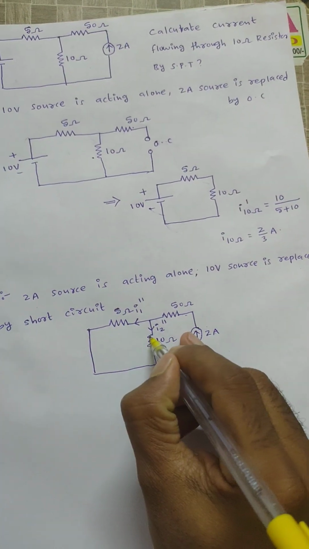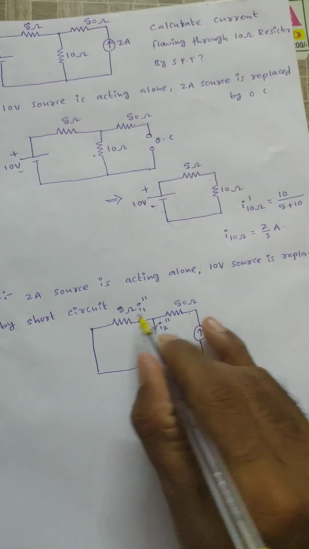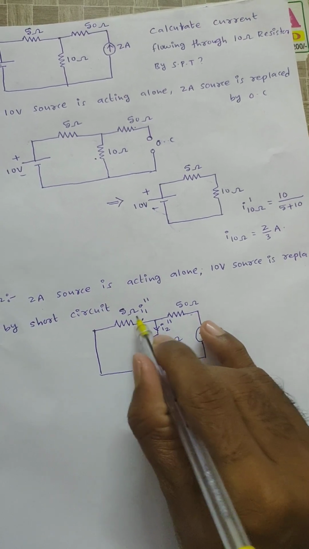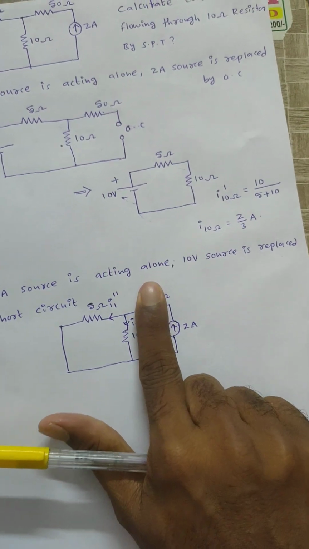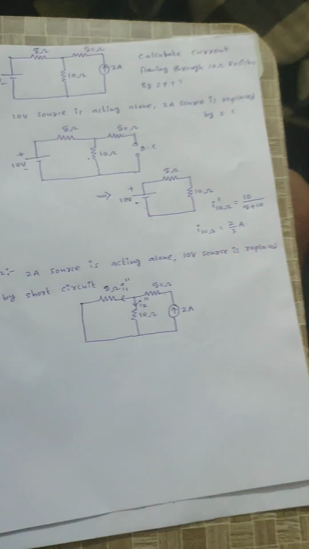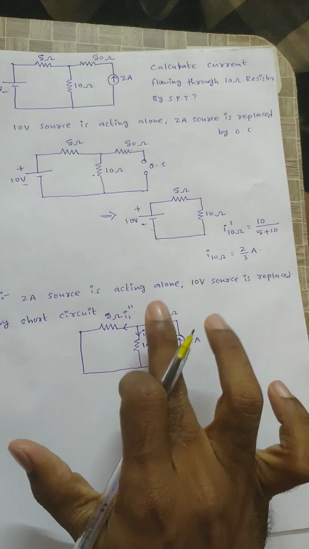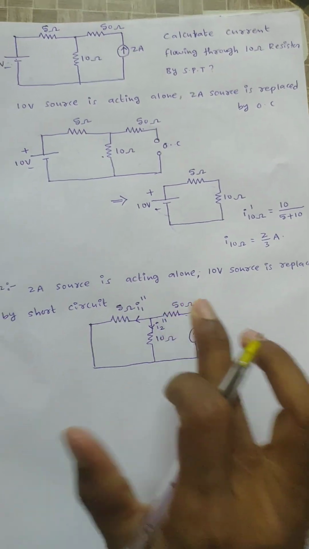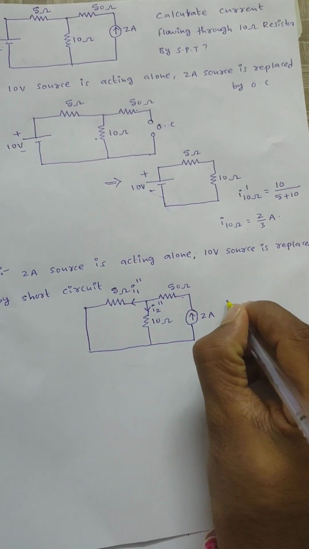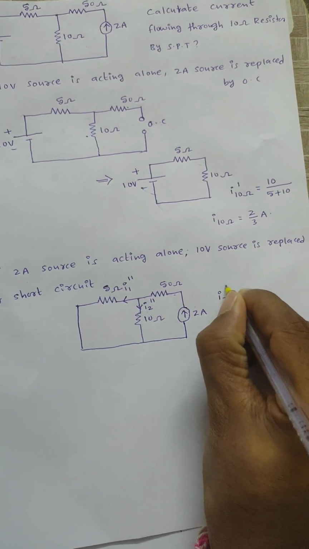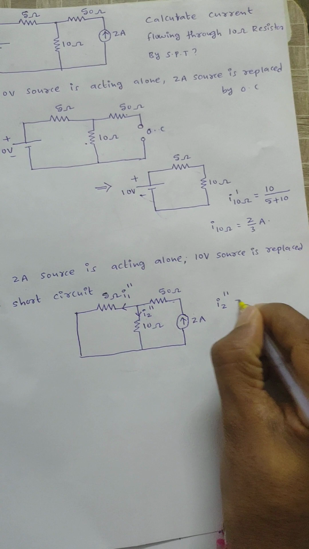By using the current division rule, knowing the total current, I can calculate the current flowing through any parallel branch element. If the resistance is present here, no problem; not present also, no problem. Don't bother about this resistance. Then the total current is known, right? I need to calculate the current flowing through the 10 ohm, that is I2 double dash.